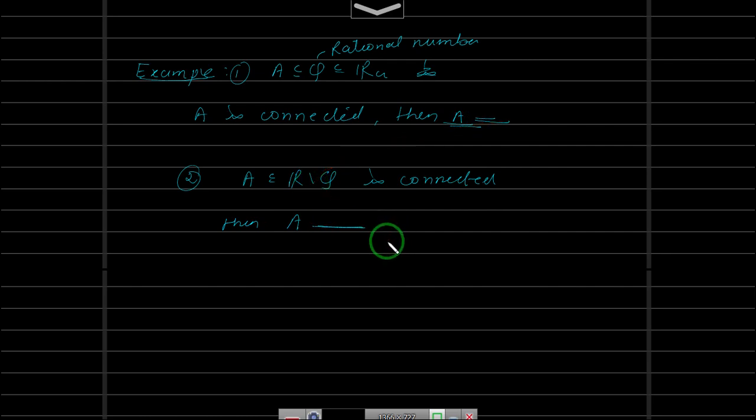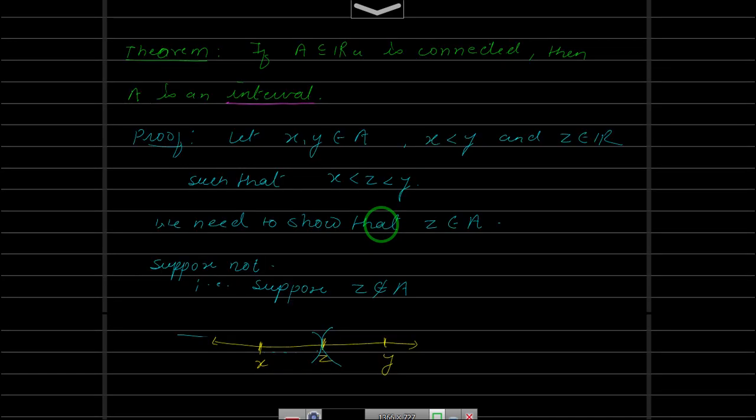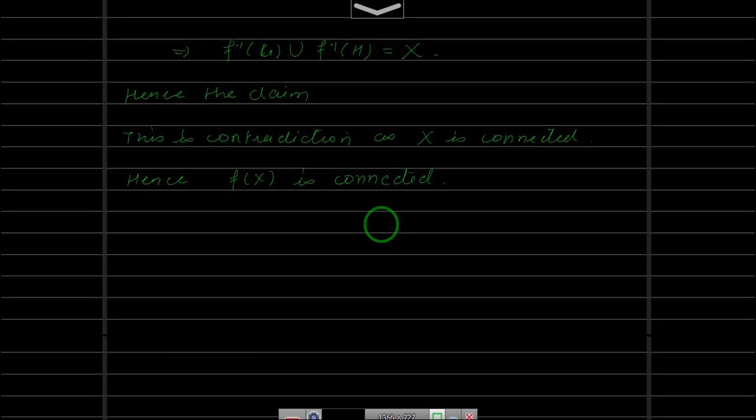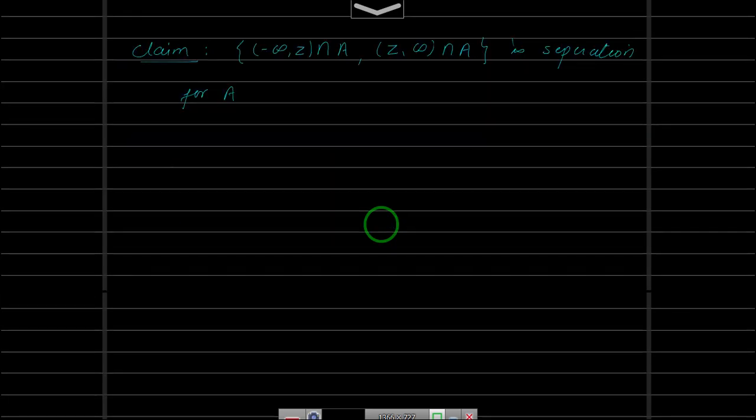Okay, so with this let's stop. We have proved that if A is connected, then it is an interval, and again we have proved that the continuous image of a connected set is connected.